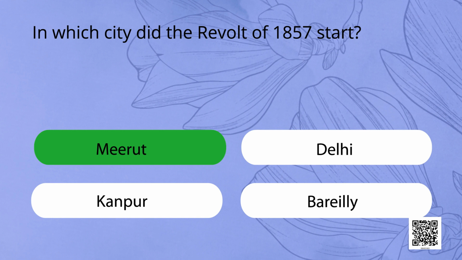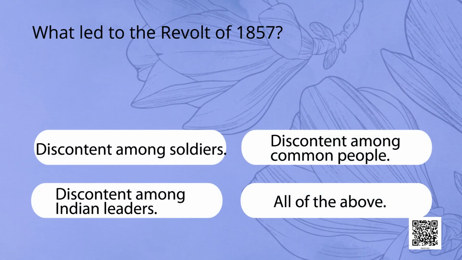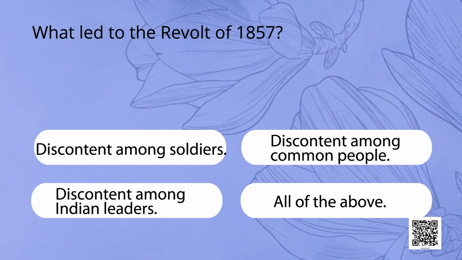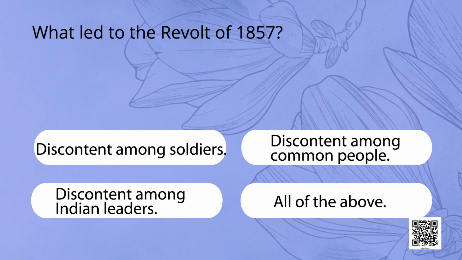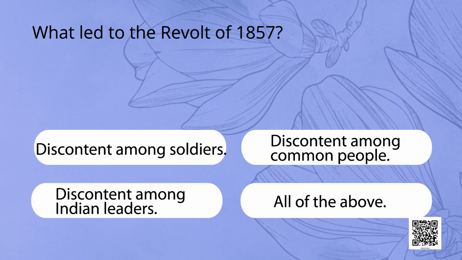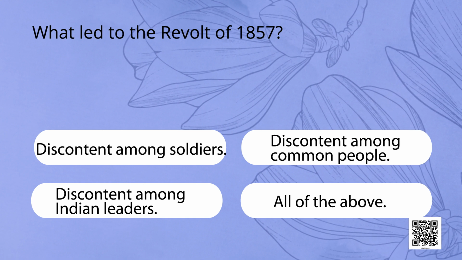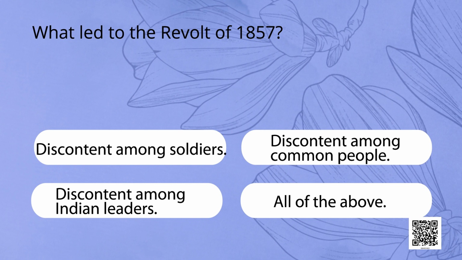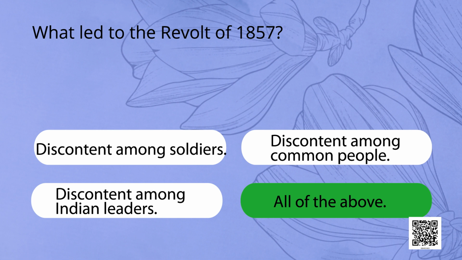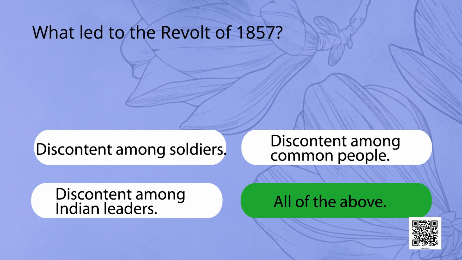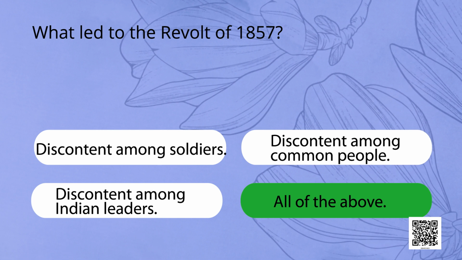That is correct. What led to the revolt of 1857? Discontent among soldiers, discontent among common people, discontent among Indian leaders, all of the above. All of the above. That is correct. There was a lot of discontent among the common people, the soldiers, as well as the Indian leaders.